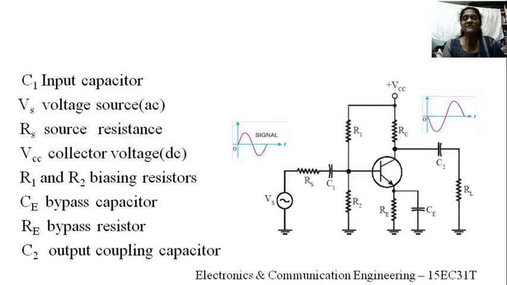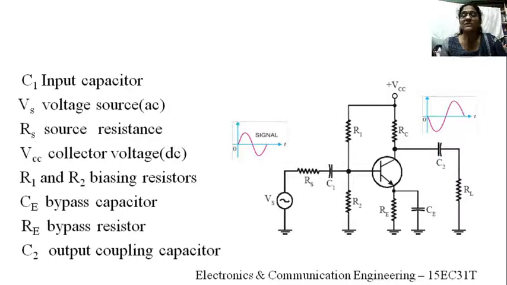What happens if the Q point shifts towards the saturation region? The positive portion of the output signal may clip off, so that is a distorted waveform. Suppose due to temperature the operating point shifts towards the cutoff region, what happens? The negative portion will clip off, so that is also distorted.